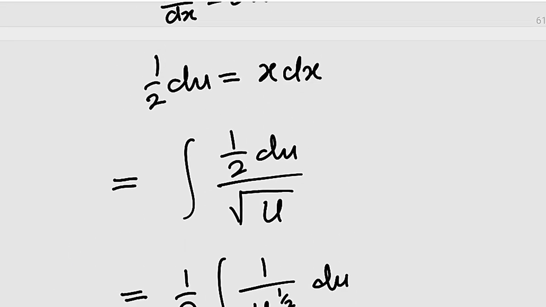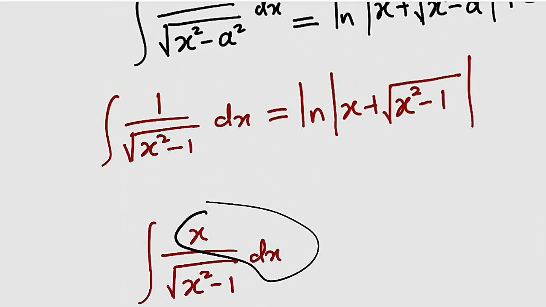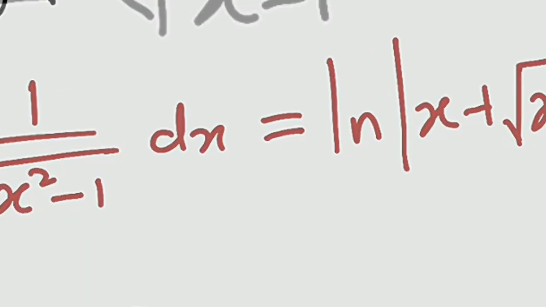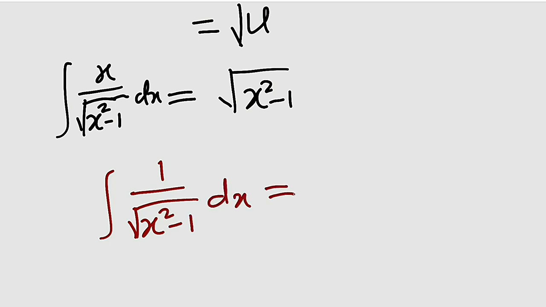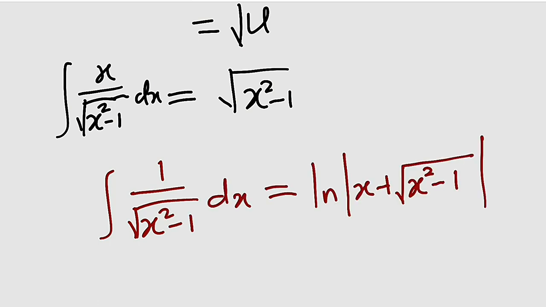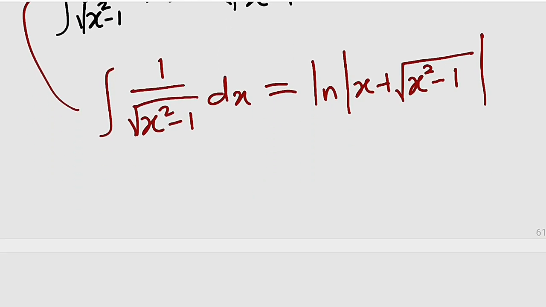And we have the other one, so we can now join them together. Let me bring them together. The integral of 1 divided by the square root of x squared minus 1 dx is now equal to the natural log of x minus the square root of x squared minus 1. But remember that this minus this is the same thing as what we have started with, right? Which is what?